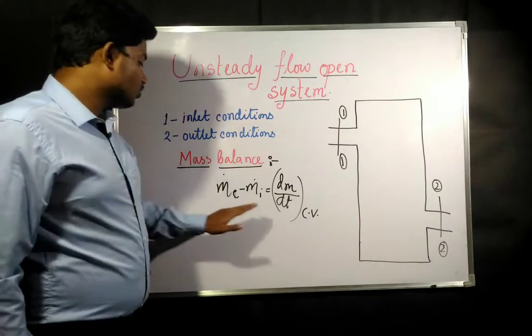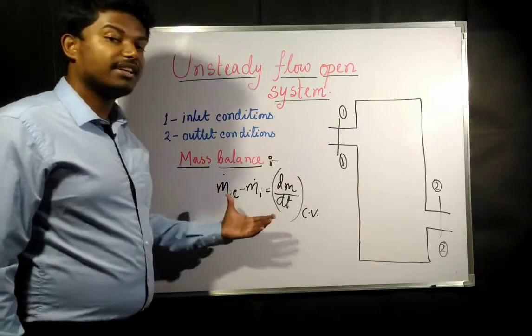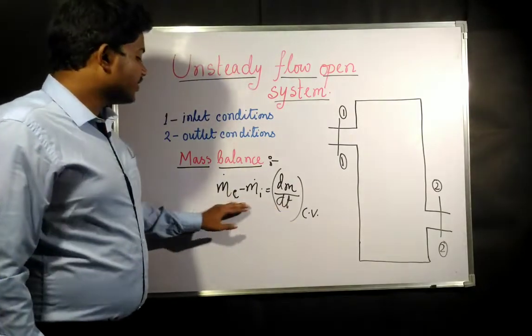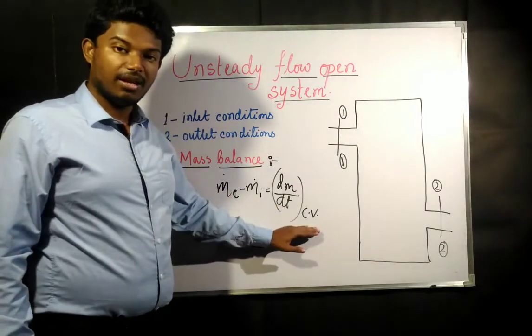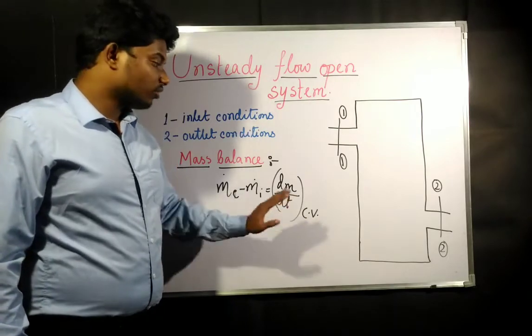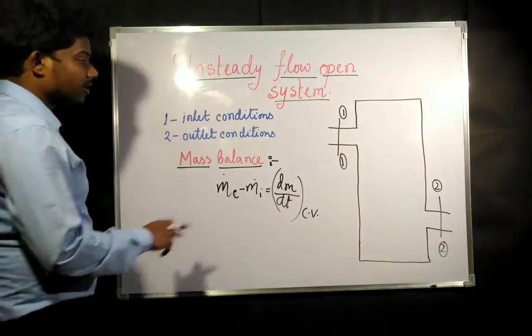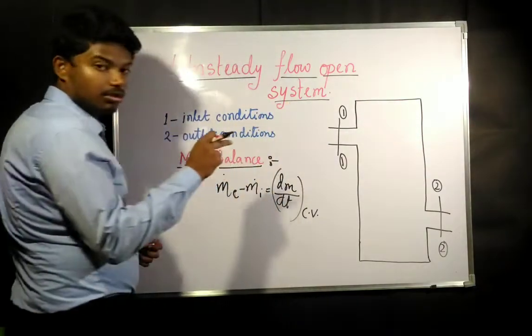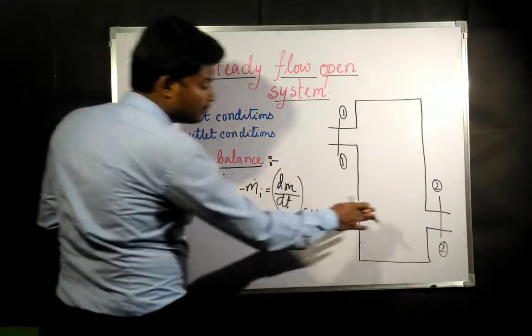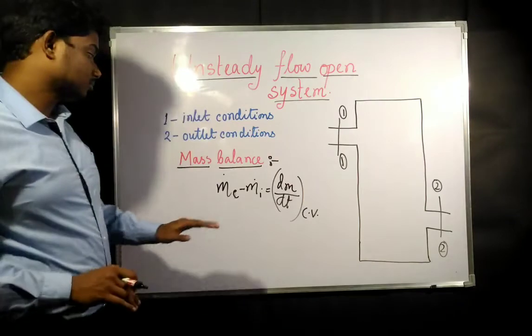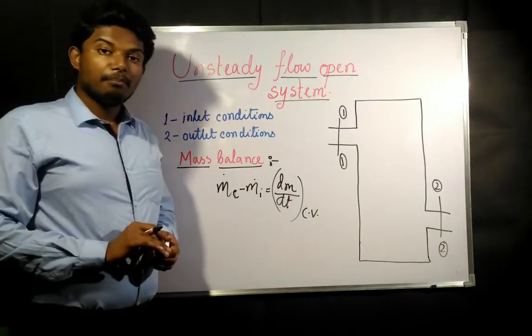Initially this was 0, so mass at inlet and mass at exit were the same. Now the difference of this is going to give some value. So you can say that mass at inlet plus this one will give the mass at exit. This is going to be the mass balance.